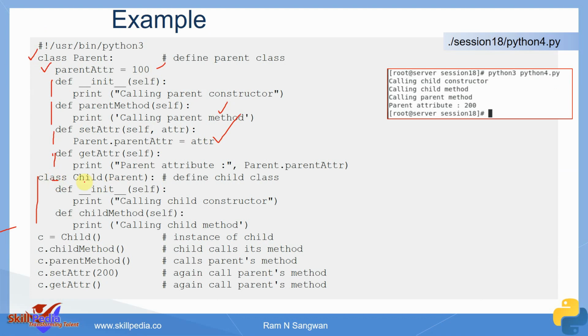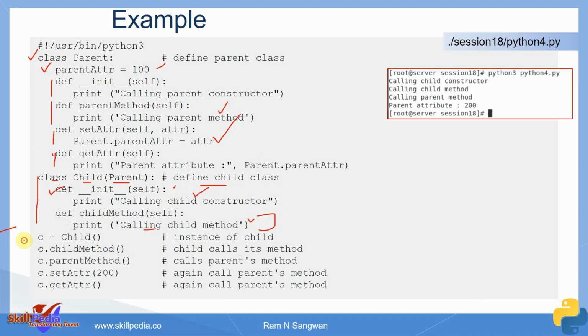We are writing here class Child derived from Parent. Define the child class. It has its own initialization method, calling the child constructor. Define child method, this is calling child method. We are not focusing on the functionality here, we are just trying to understand the scope.